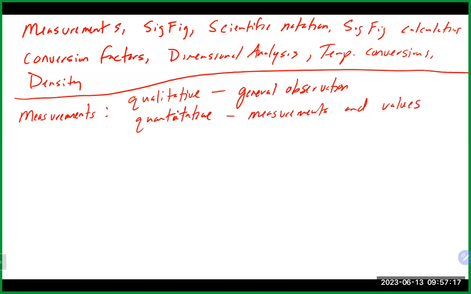And when we do take quantitative measurements, it's really important that we record not only the number, but also the units, right? So we always want to record the number and the units. Obviously if I just said, hey, I have 100, you really have no idea what that means. I could have $100, which would be great.